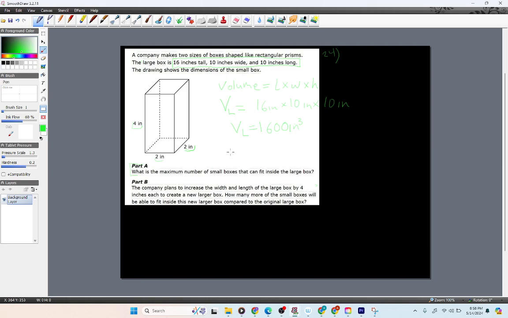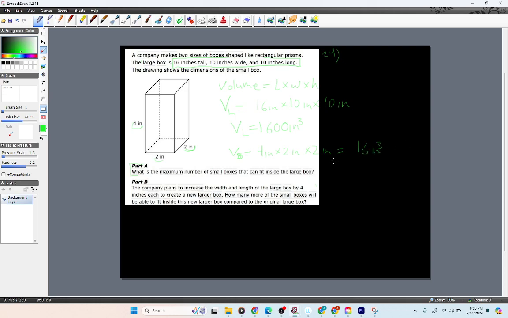Okay, let's find the volume of the small box now. It's an S for small box. It's going to be 4 inches times 2 inches times 2 inches. Which is going to be 4 times 2 is 8, times 2 is 16, so it's going to be 16 inches cubed.